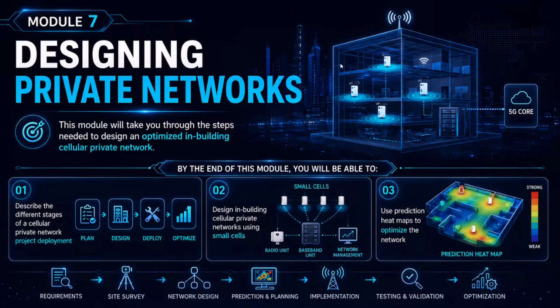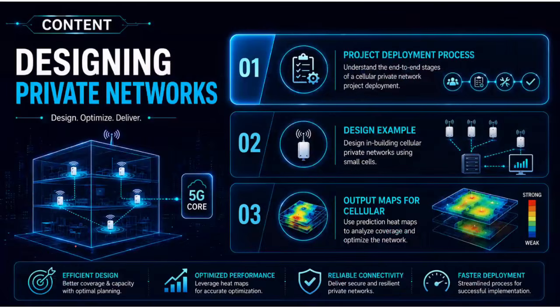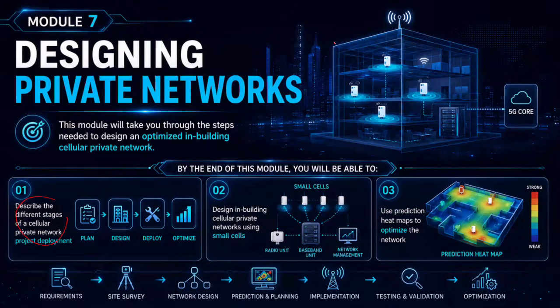Okay, thank you. So all right, friends, designing private networks. In this module, we'll go through the end-to-end process of designing cellular private networks. We'll understand the different stages of cellular private network project deployments, right? Then we look at how we can design an indoor private network using small cells.